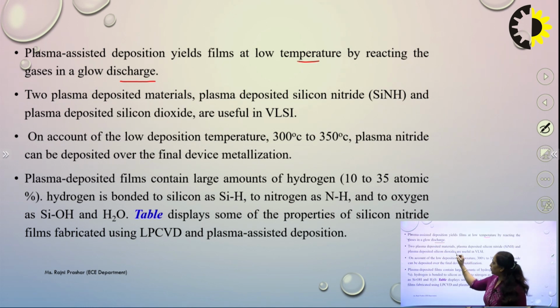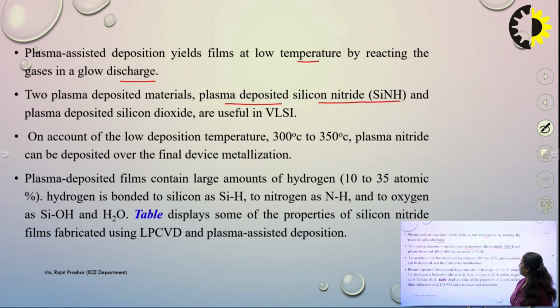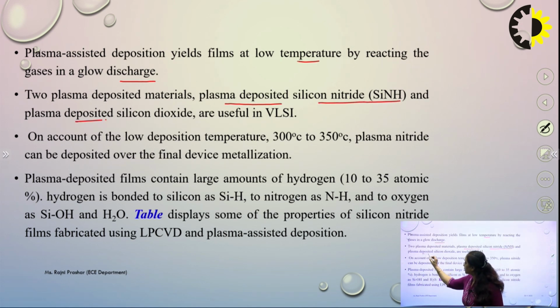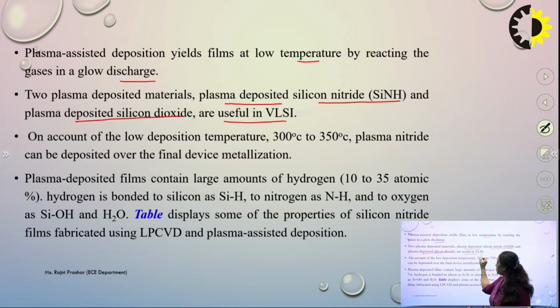So the two plasma deposited materials, plasma deposited silicon nitride SiNH and plasma deposited silicon dioxide, are very useful in VLSI and ULSI technology. So when you go down in dimension size, when you reduce the size of the device, this deposition is very important.